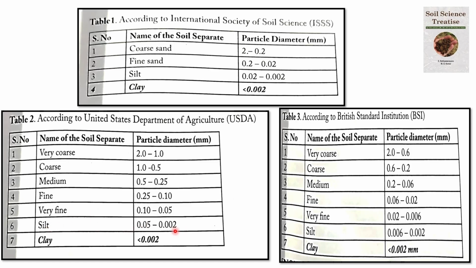In USDA, the upper limit of silt is 0.05, while in ISSS, the upper limit of silt is 0.02. That is the difference. And in ISSS, sand is only coarse and fine, while in USDA, it is very coarse, coarse, medium, fine, and very fine. So you have to thoroughly study the classification. BSI, British Standard Institution, is not an important classification, but ISSS and USDA are important.